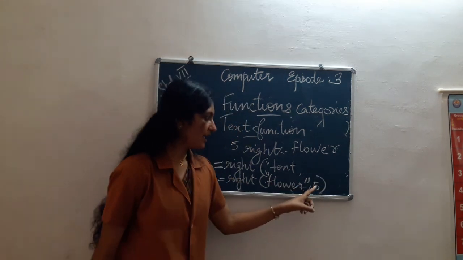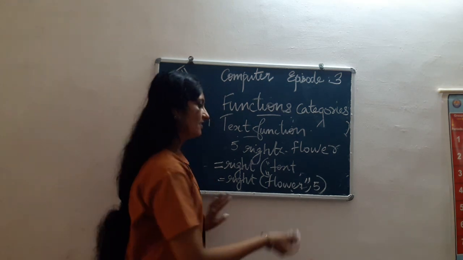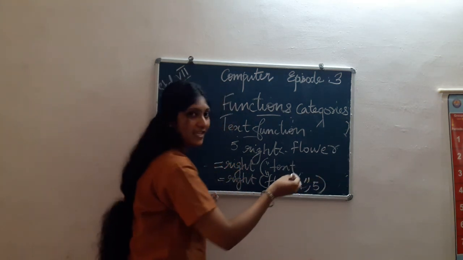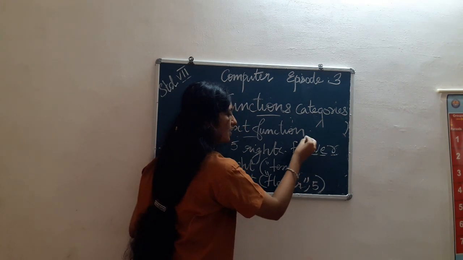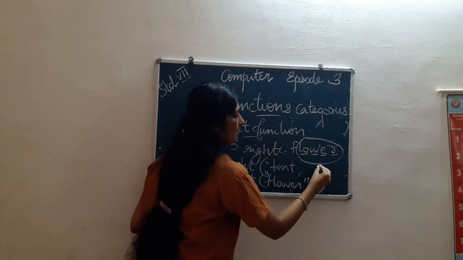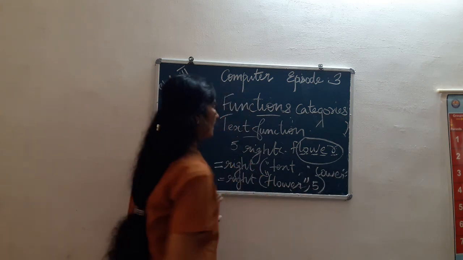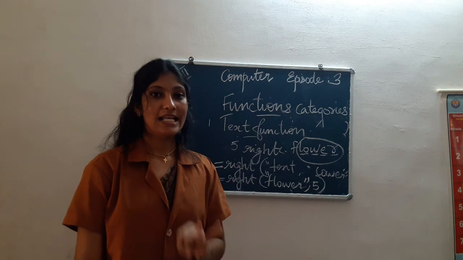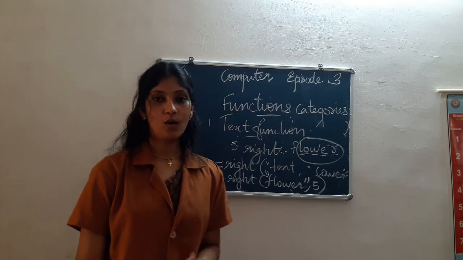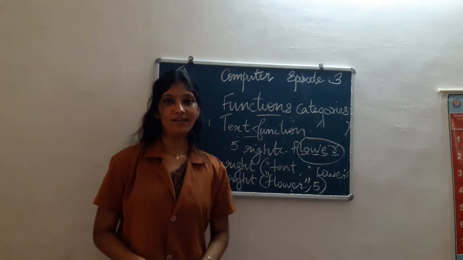In the output I want 5 letters, taken from the right side: 1, 2, 3, 4, 5. So the output is lower. So what are the functions we studied today? Concatenate, len for length, lower, upper and right. Then we will continue in our next class.